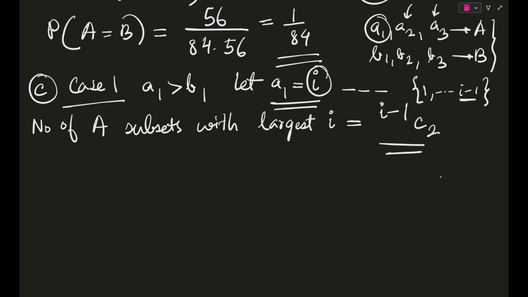That is why we took I minus 1 C2. So this is the number of A subsets. One number is already selected, the largest one. We have fixed that to be equal to I. So it is selected, and I minus 1 is before that for the other two numbers. So this selection is only in case of A, not in case of B.